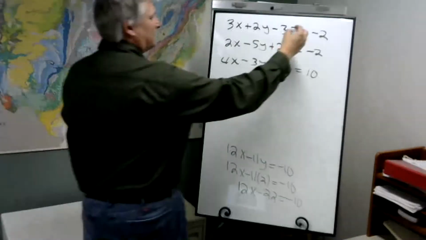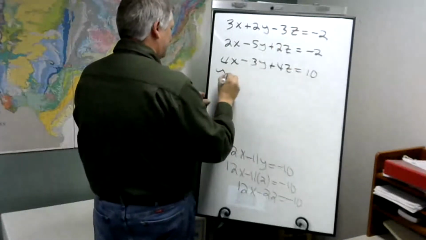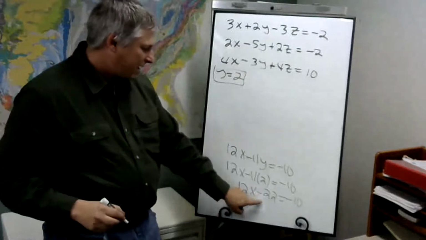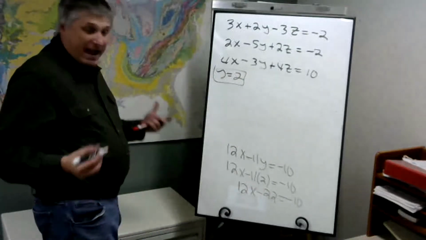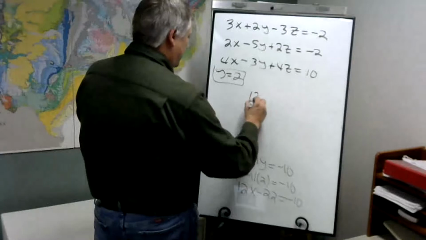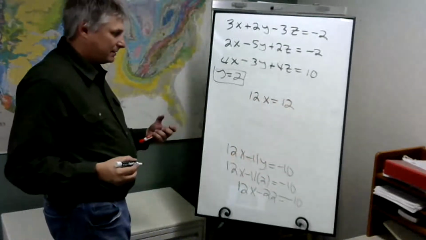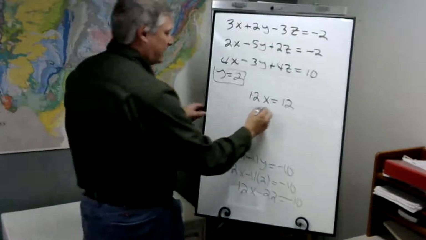Put y is 2 off to the side here. So 12x minus 22 is minus 10. Add 22 to both sides, we get 12x equals 12. Divide both sides by 12, and we'll get x is 1.